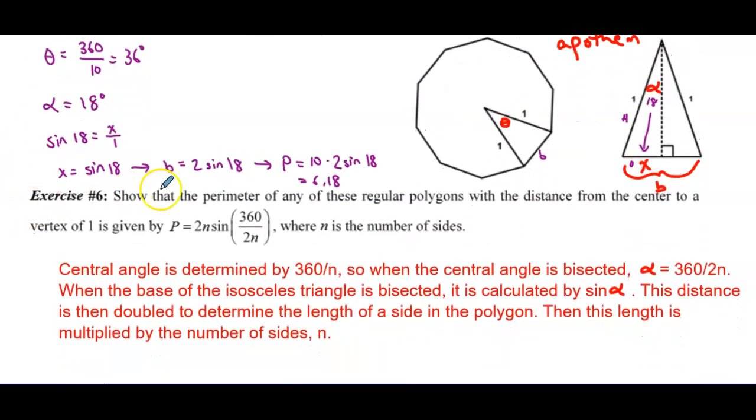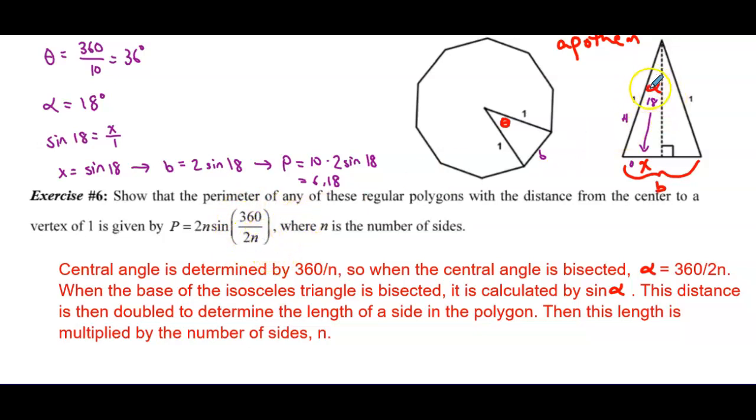Now, to show that any perimeter of these regular polygons with a distance from the center is given by this formula. It's a nice formula to know, but what's going on here is the angle that I'm inputting for sine is half of the central angle. Well, the central angle is 360 over n, so half of that must be dividing by 2. So we just put an extra 2 in the denominator, and this component right here, that's my central angle divided by 2.